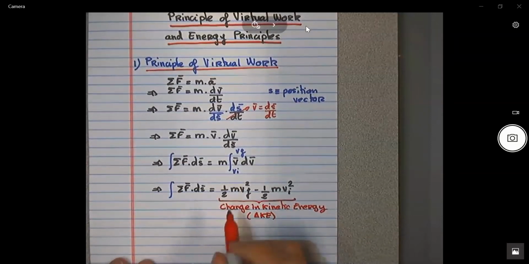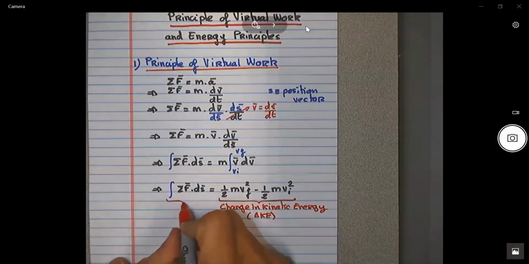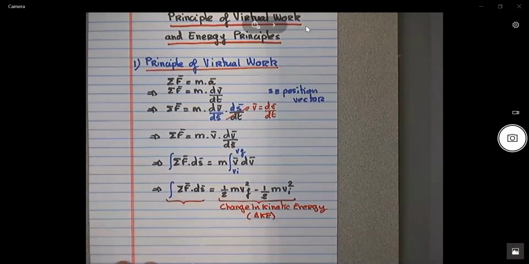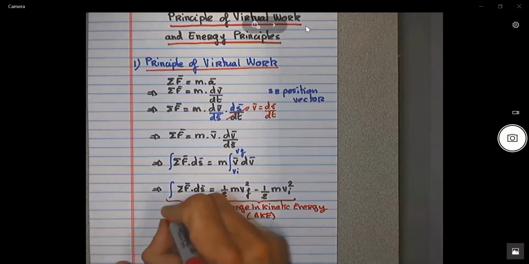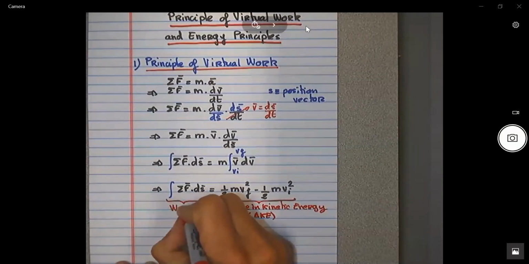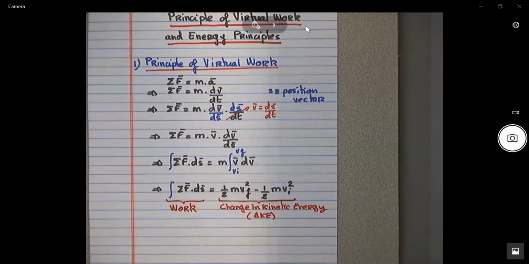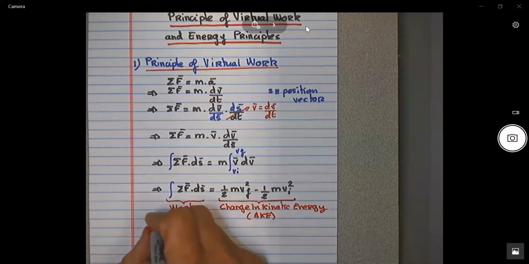The important term for us here is the one on the left-hand side, which is what? Force times distance, which is work, okay? That's why this is generally known as the principle of work and energy, or the principle of work and kinetic energy, okay? So this one is force times distance.